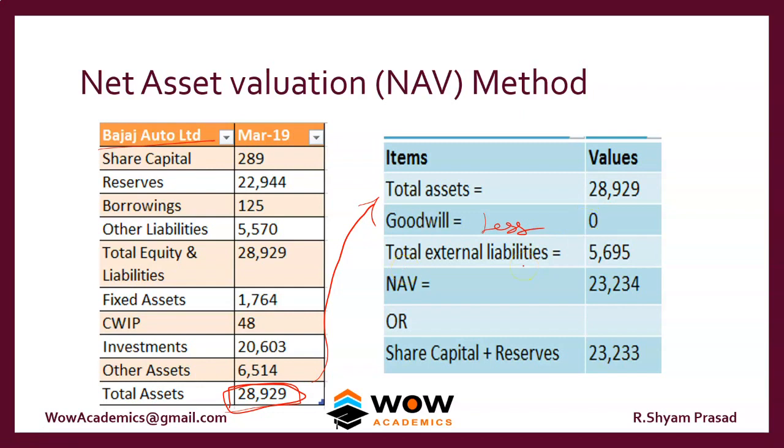Total external liabilities comes as here. Reduce both, and you get your NAV, 223,4. You can also get the same number by adding share capital and reserves. If you just take these two numbers and add, you will get the same answer. So that's how this method works.